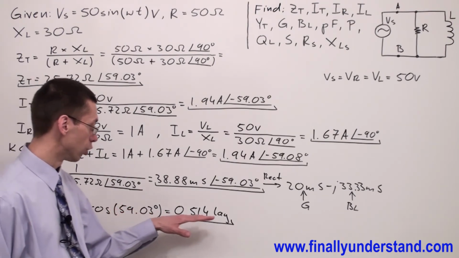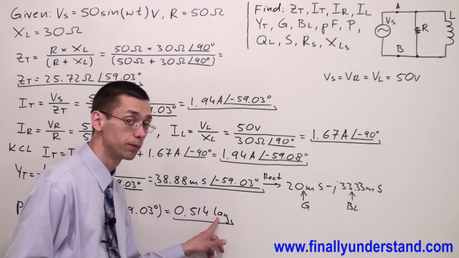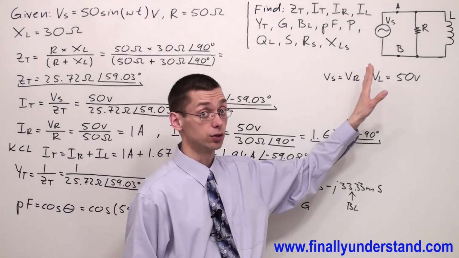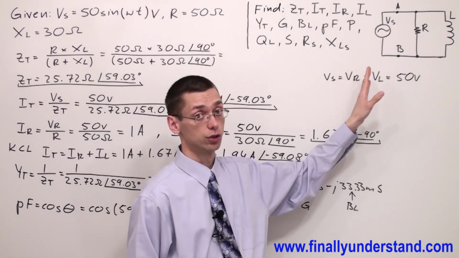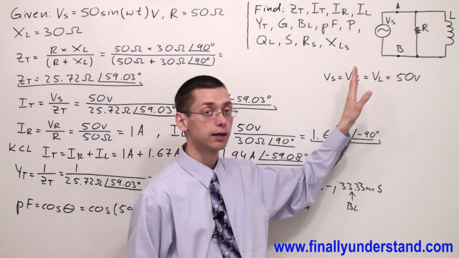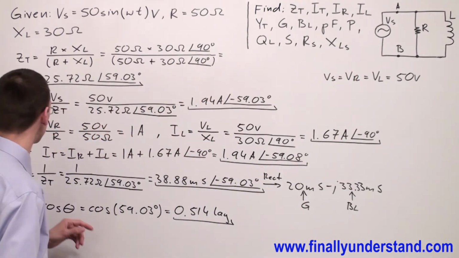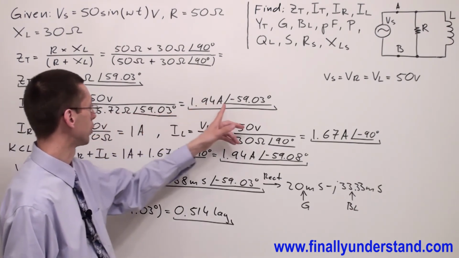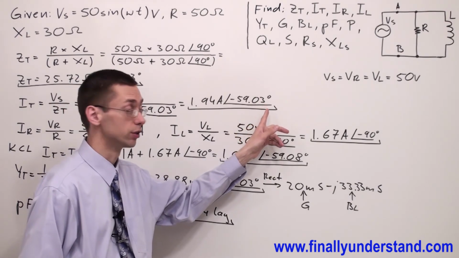But also, you're supposed to keep in mind I have lag because we talk about the RL circuit, right? Current in this circuit is going to lag the voltage source, okay? So if you look at the value of I total, we have angle negative 59.03 degrees.